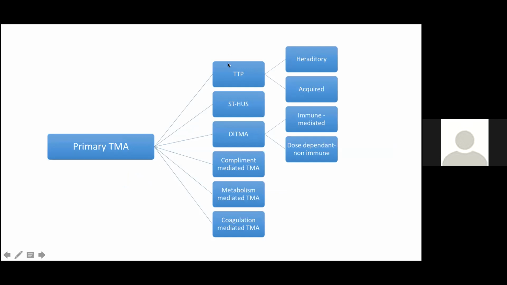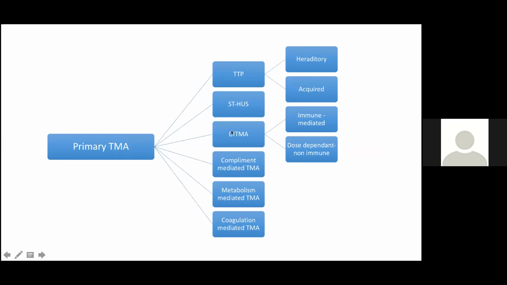So we'll talk about primary thrombotic microangiopathy syndromes. These are the types. I think we are well aware of thrombotic thrombocytopenic purpura, a very popular topic among our MD Part 2 exams. TTP can be hereditary and acquired, and I will discuss a few things later. Then Shiga toxin-induced hemolytic uremic syndrome is a primary thrombotic microangiopathy.